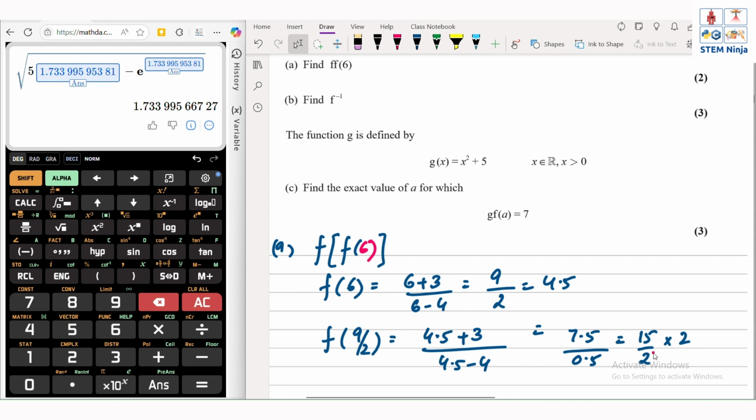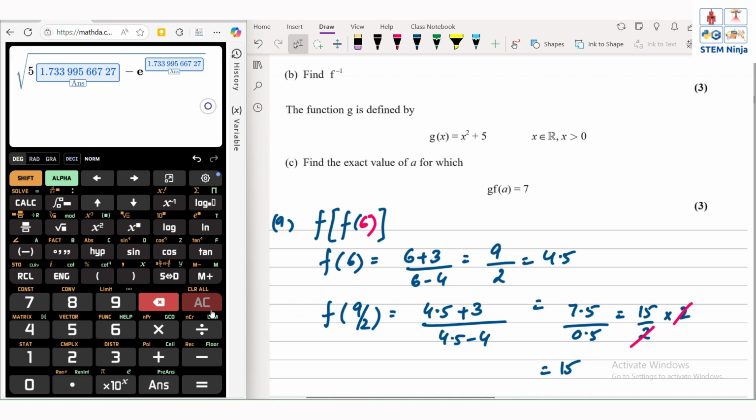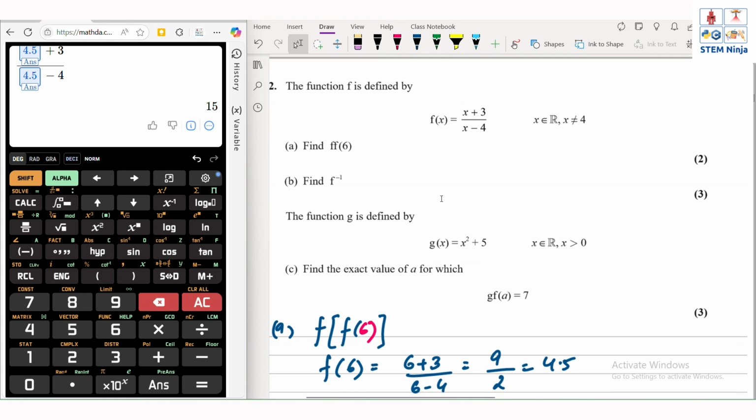Flip, cancel. We get 15. Same way we did over here, let x be 6, then answer plus 3 divided by answer minus 4. We get 4.5, and then we get 15. That's it.